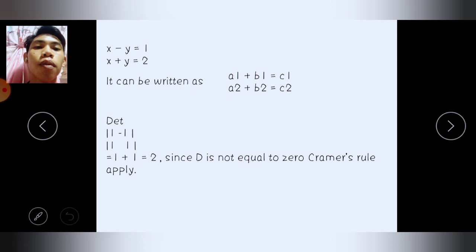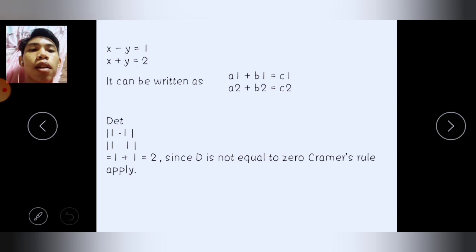So we have a1 is 1, a2 is also 1, and b1 is negative 1 and b2 is 1. So just cross multiply. 1 times 1 is equal to 1. Then negative 1 times 1 is equal to negative 1.